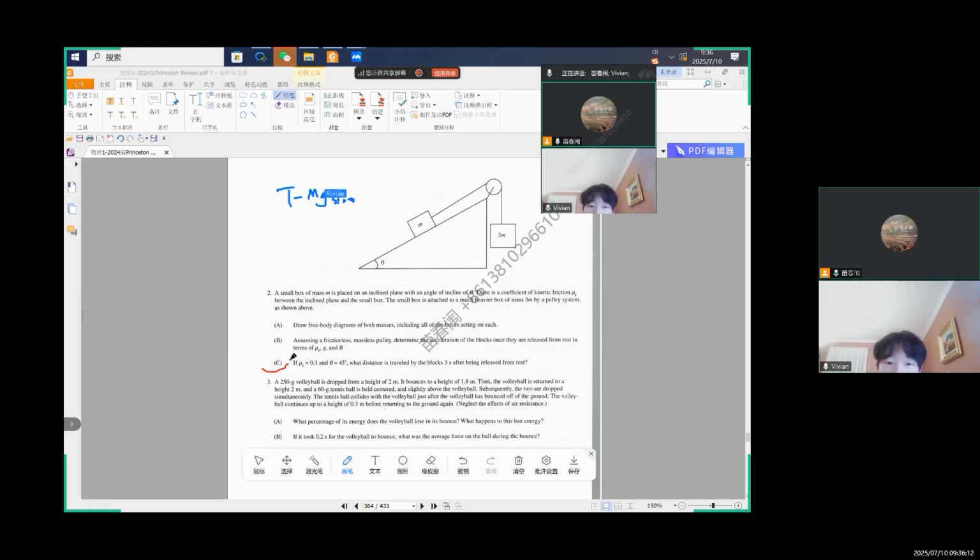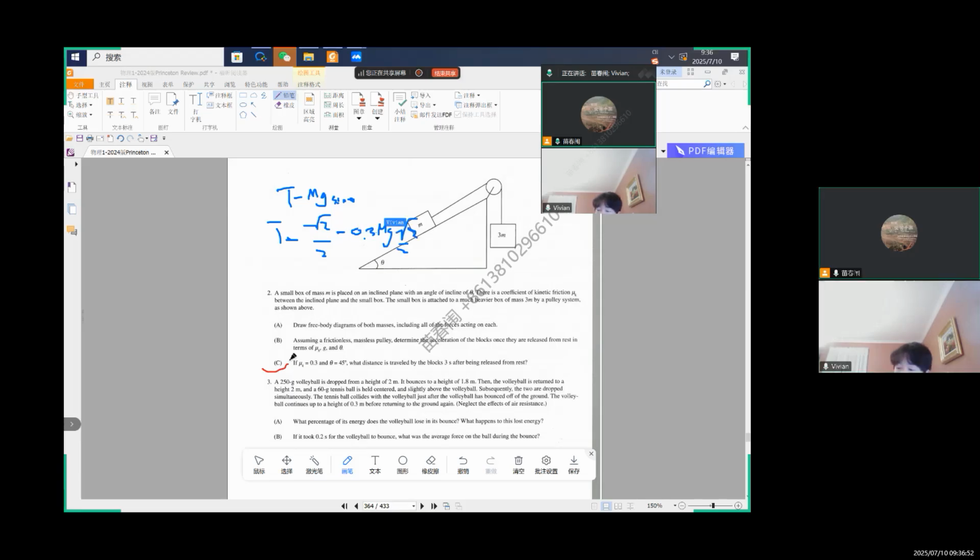Sine theta is root 2 over 2. So that is a friction. Friction is 0.3 g cos theta. Root 2 over 2.